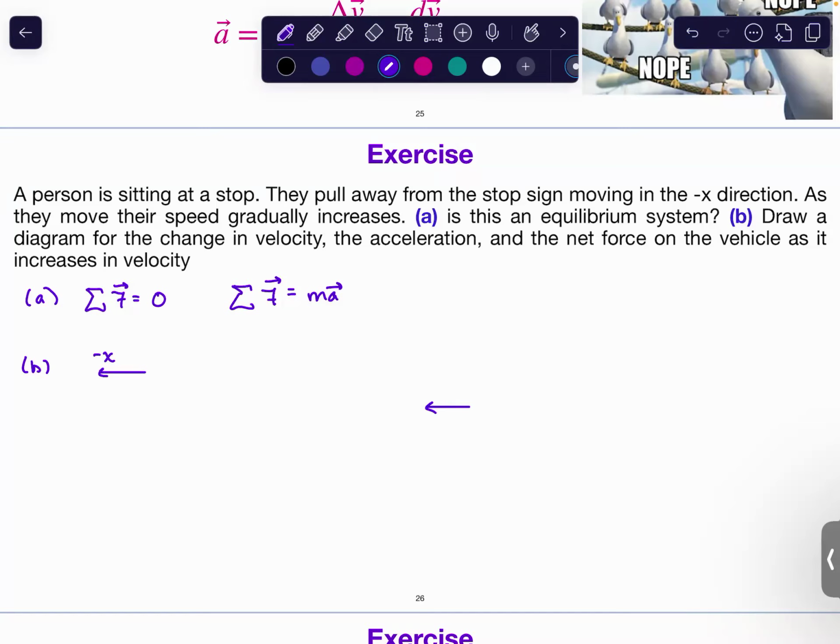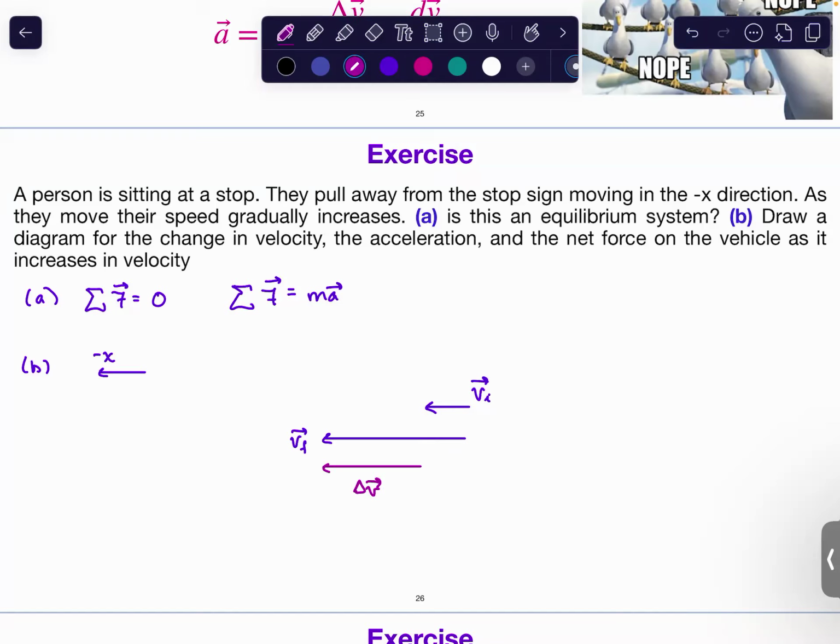When they first start, they have an initial velocity. After a while, they're going to have a final velocity that's measured. Delta V looks like that. And then the acceleration and the net force vectors don't have to be a certain size. You just have to tell me which way they're going.